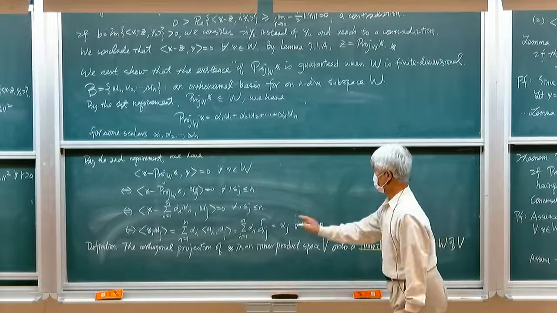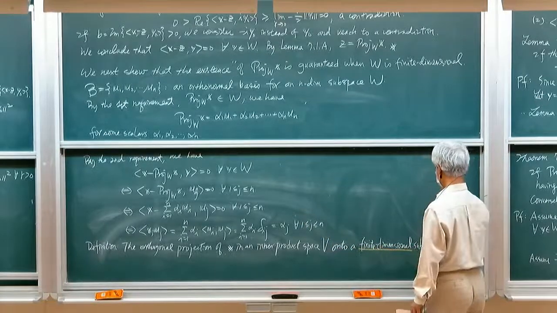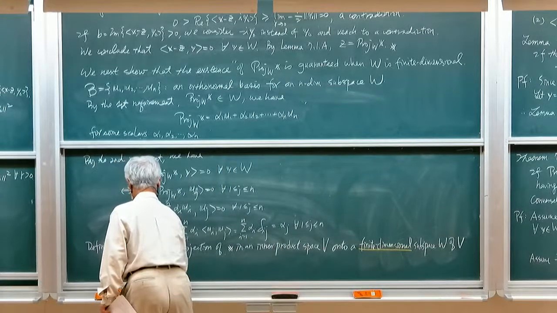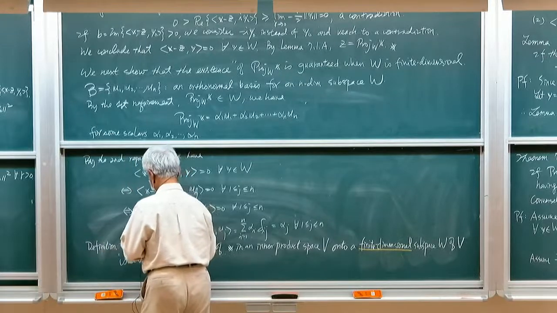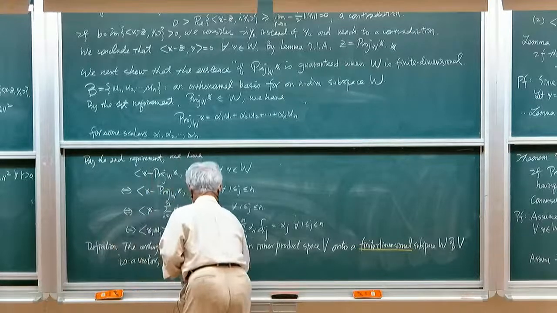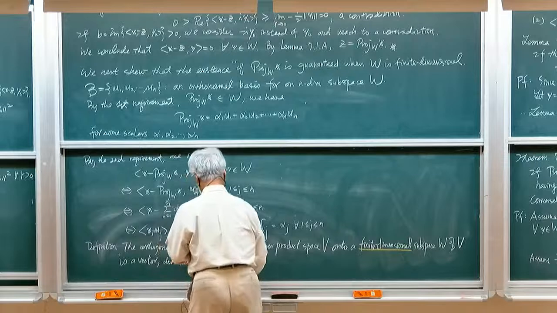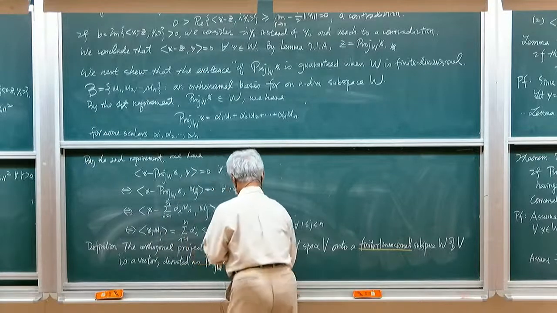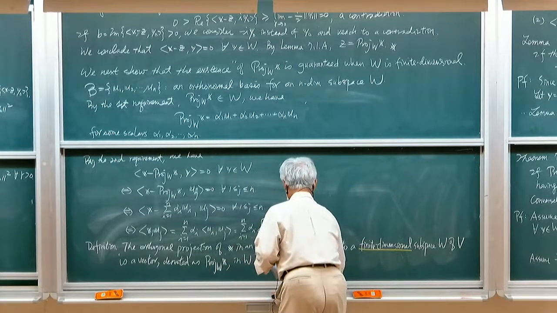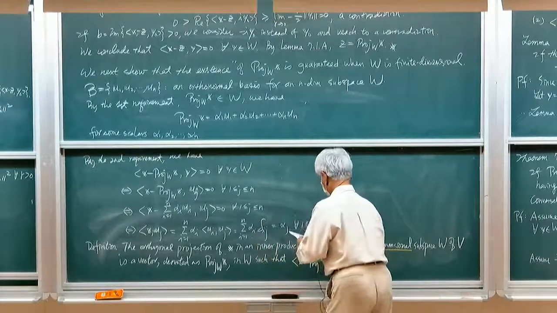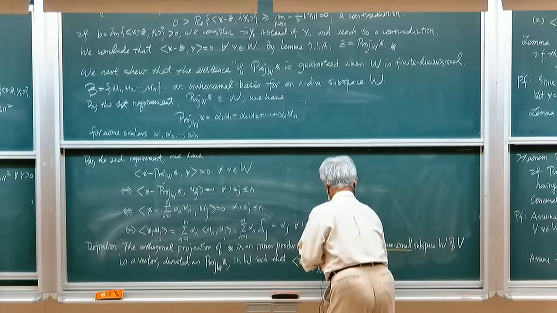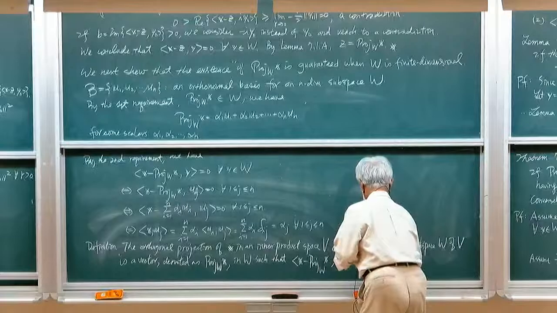So the orthogonal projection of X onto a finite dimensional subspace is a vector, denoted as projW X, a vector in W such that this difference vector is orthogonal to every vector in W.